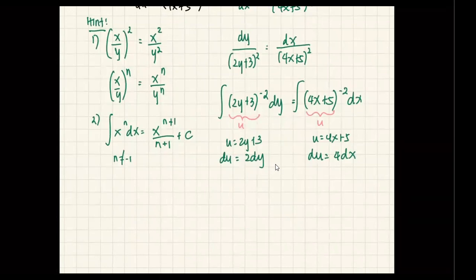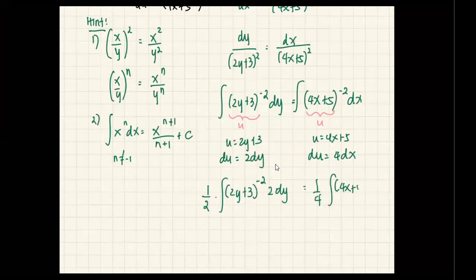So, kailangan mag-multiply tayo ng 1/2 tsaka 1/4 dun sa kabila. Okay. We have 1/2 times integral of 2y plus 3 to the -2, then ito yung 2 dy, equals to 1/4 integral of 4x plus 5 to the -2, 4 dx. Okay? So, once satisfied na yung u, pwede mo nang gamitin yung formula nito.